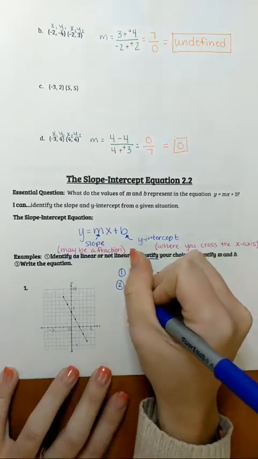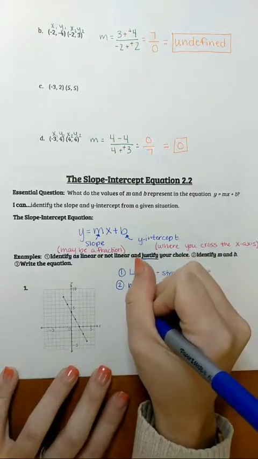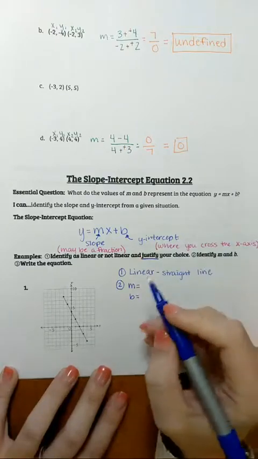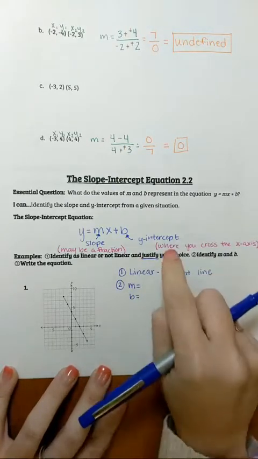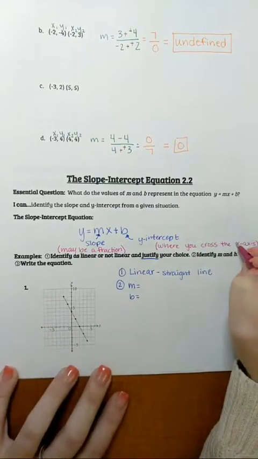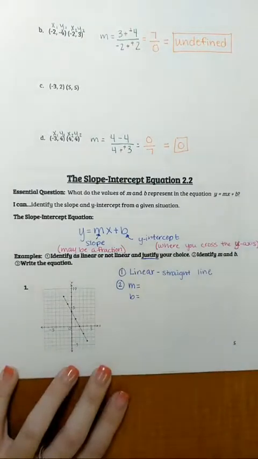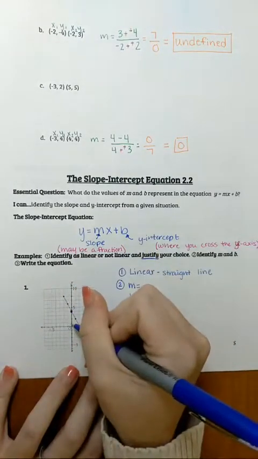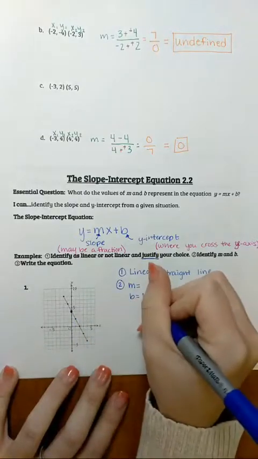So m and then b. Our b value is where you cross the, oh, sorry, this is supposed to be the y-axis, not the x-axis. The y-axis. So that is at 1, 2, 3, 4.